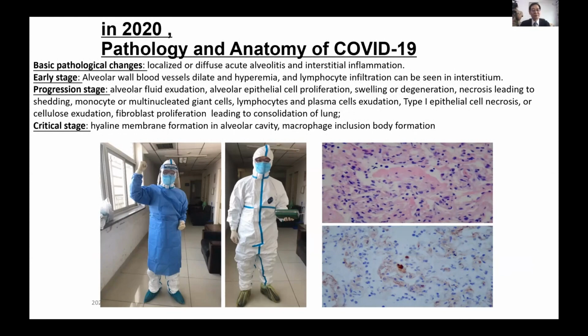The basic pathological change is localized or diffuse acute alveolitis and interstitial inflammation, including the early stage, progression stage, and critical stage.